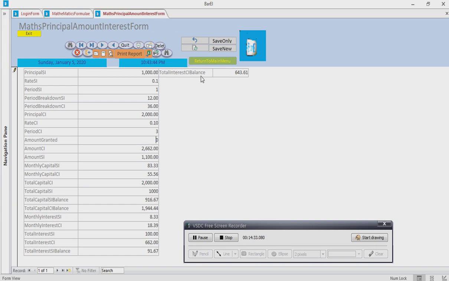The total compound interest balance is 643. This is how we calculate interest amount and principal.